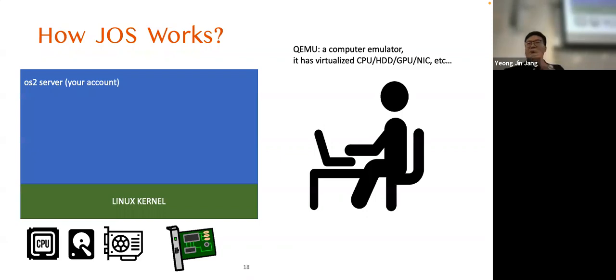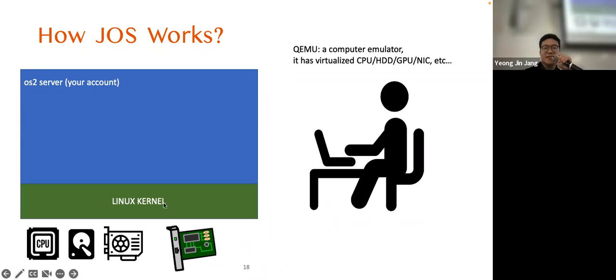So let's take a look at how JOS works first. I want to show that JOS, even if it is in a virtual environment, mimics all the hardware features. So you can virtually feel that you are developing the operating system for a bare metal machine. Suppose this is an OS/2 server.